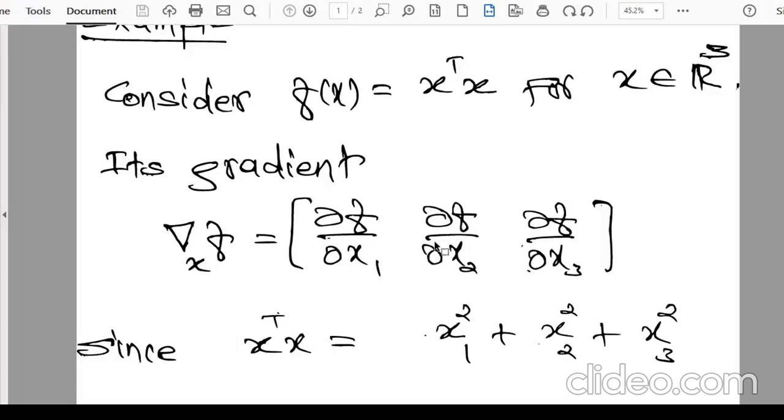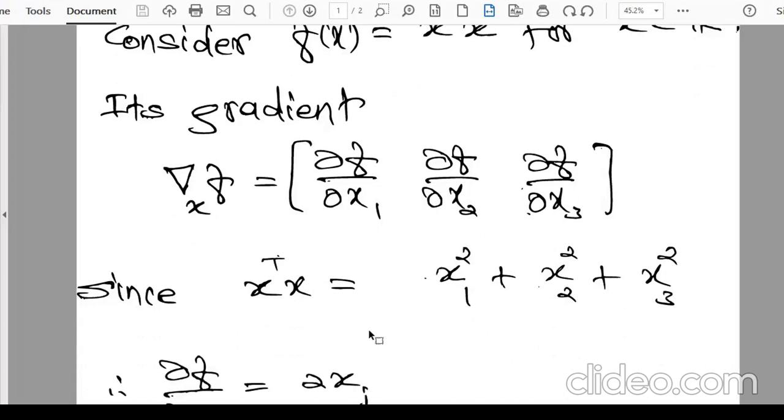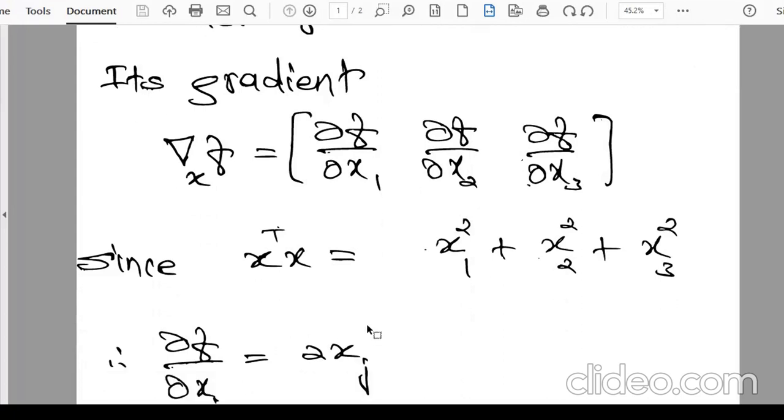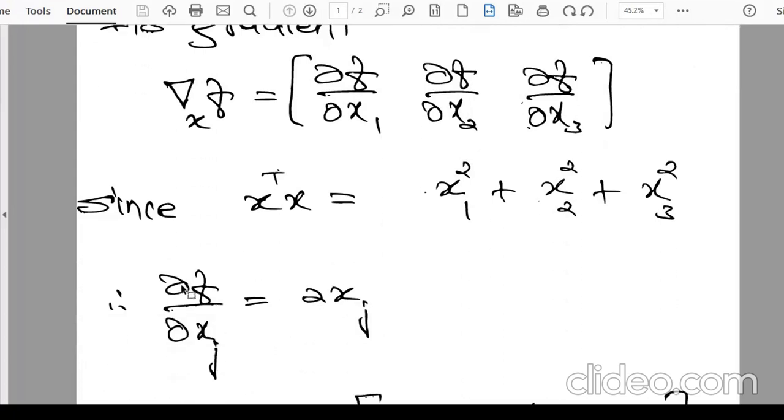Since we know that this self dot product is the sum of the squares of the individual components, when I calculate the partial derivatives I get an expression of this type: df by dxj is equal to 2xj.